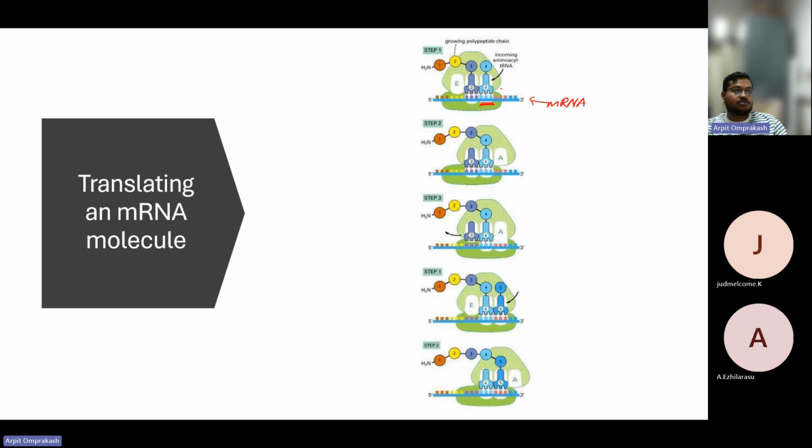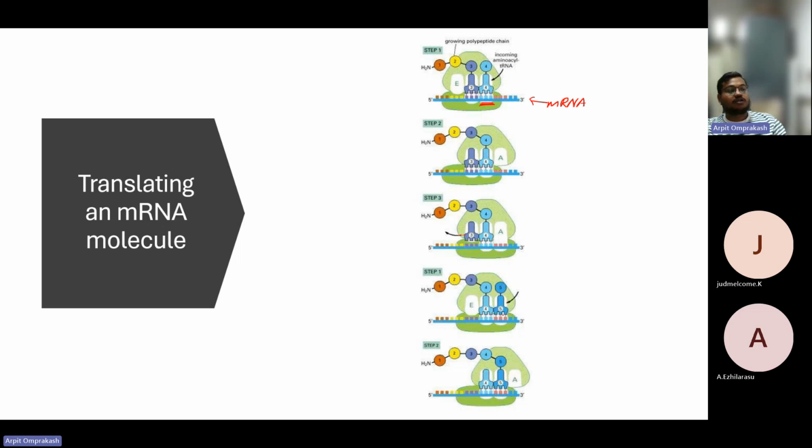Then the large ribosomal subunit will move, will sever this bond and transfer this to the second place. Then the small ribosomal subunit would move further, and the previous tRNA molecule which was present will be thrown out. Then step one gets repeated.